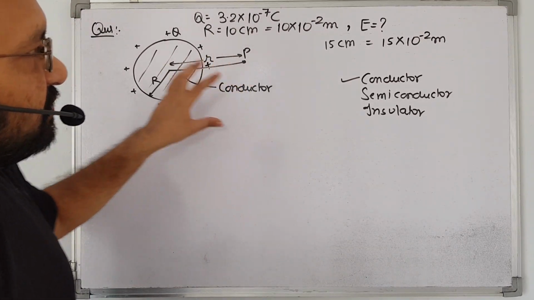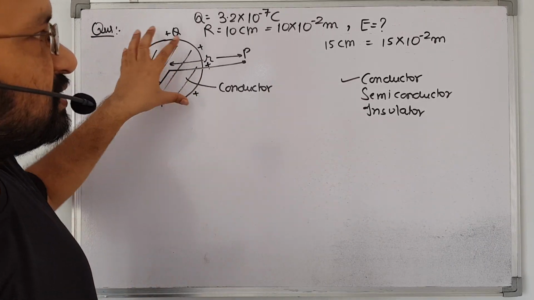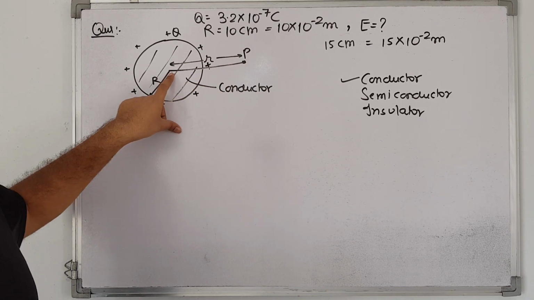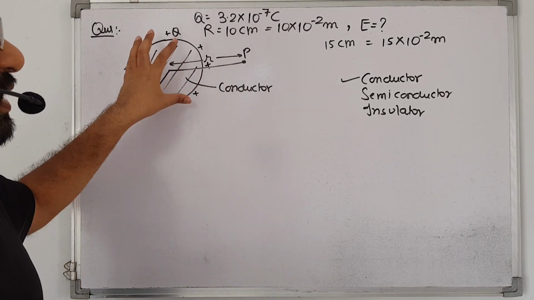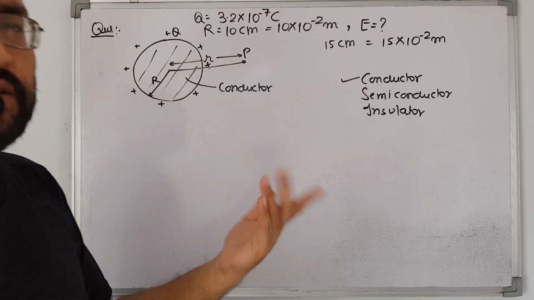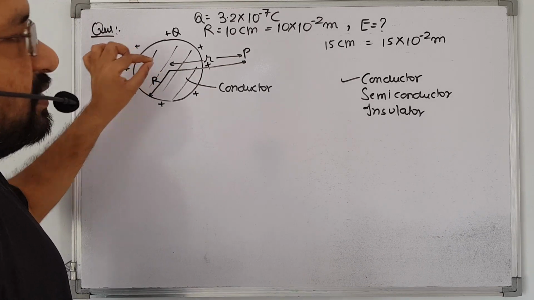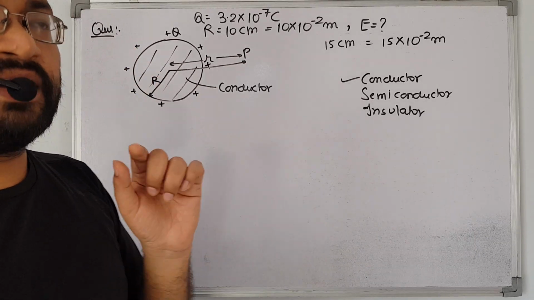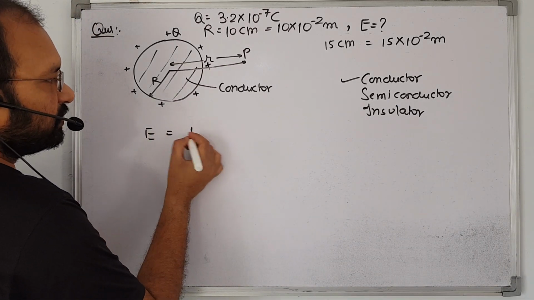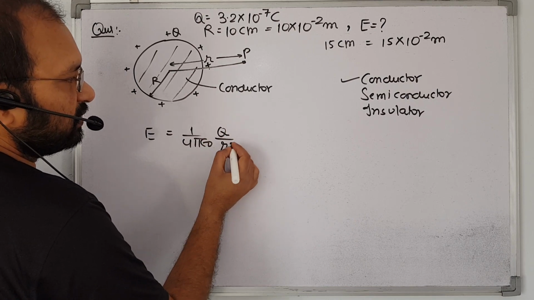Outside the conducting sphere, this whole charge is assumed to be concentrated at the center, and then it will behave as a point charge. Due to a point charge the electric field is E = 1/(4πε₀) q/r².